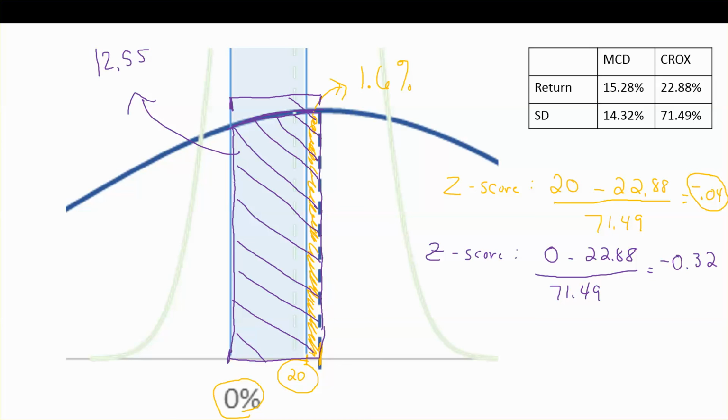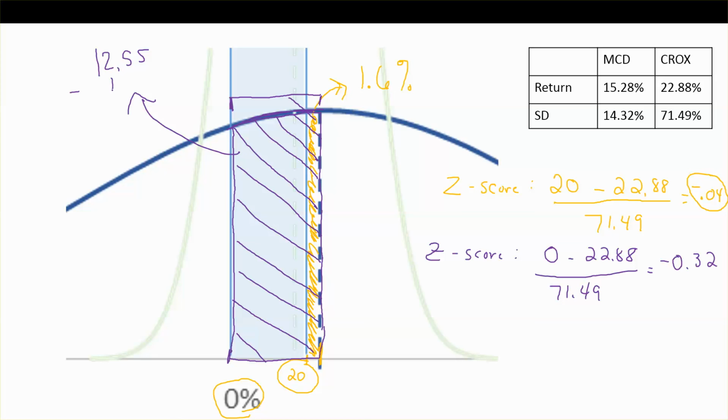Well, I only want the blue portion of this purple section because that's from 0 to 20. If I did the entire purple section, that's from 0 to 22.88, Crocs's mean. And I don't want to go that far to 22.88. I want to stop at 20. Well, I know that the purple section is 12.55%, and I know that the orange section is 1.6%.